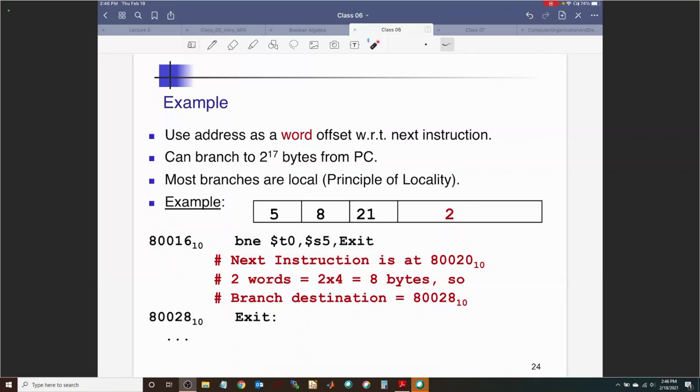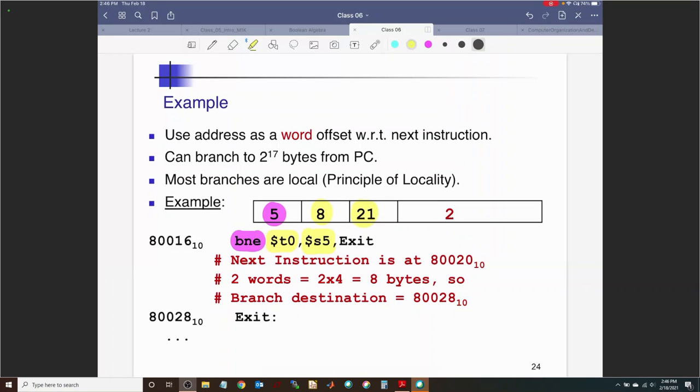So clearly branch when not equal has an opcode, which is 5. So that goes over there. That's not going to be a problem. The next two, the registers that we are comparing are T0 and S5. Those are going to be referenced as RS and RT, and you can look up those register numbers and they will be 8 and 21.